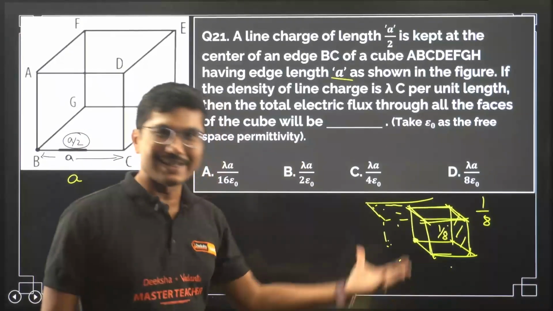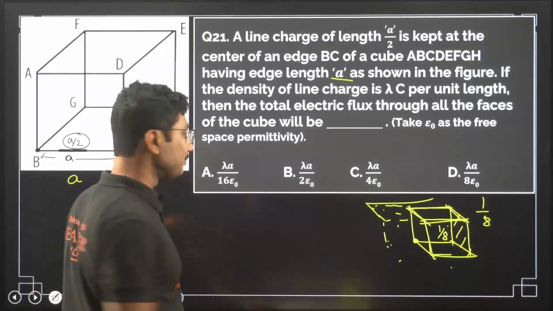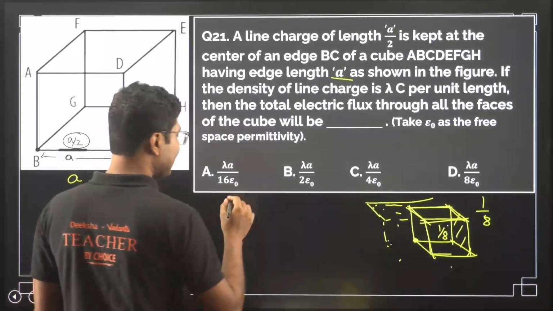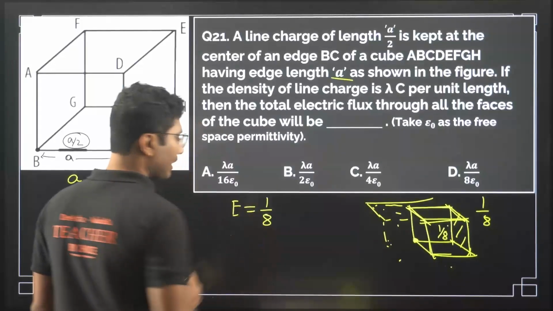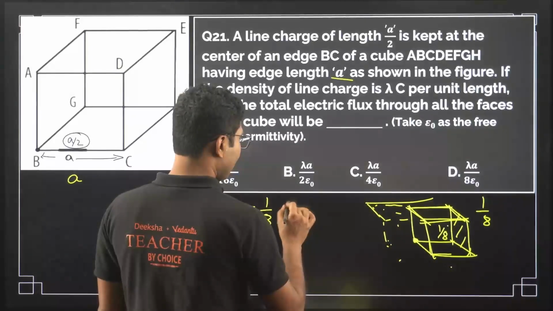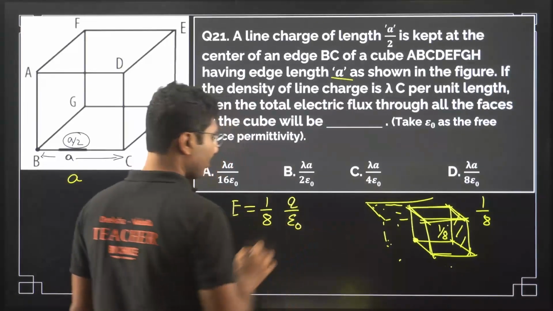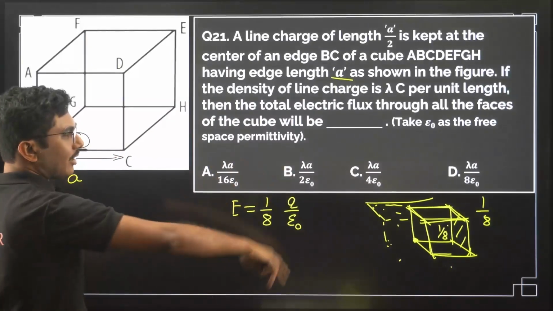Now it is easy. The required flux is 1/8 of the electric flux, and electric flux is Q by epsilon naught, right? Now I can show how this comes.